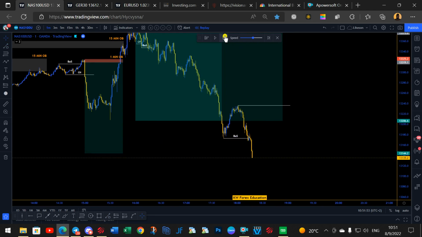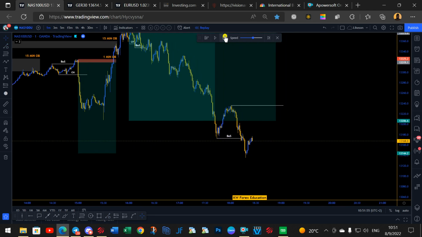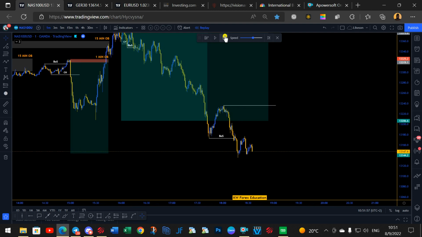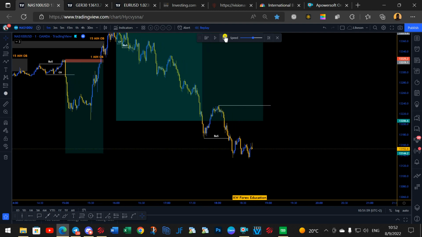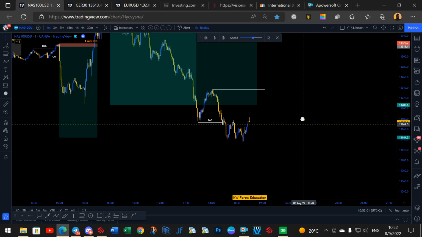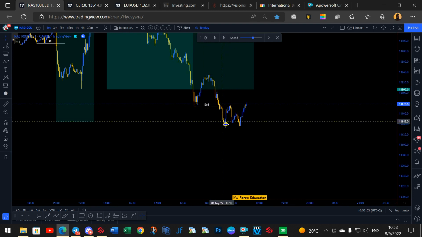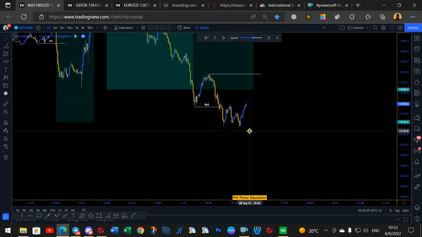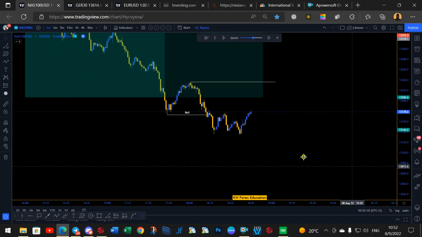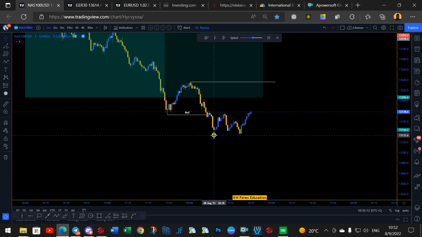So let's see how price behaves. We could have been in this trade even now. This one we won't yet consider as a break of structure because it is only a wick that took out this low. This was the current low. This is just a wick. We want to see a body close, right?